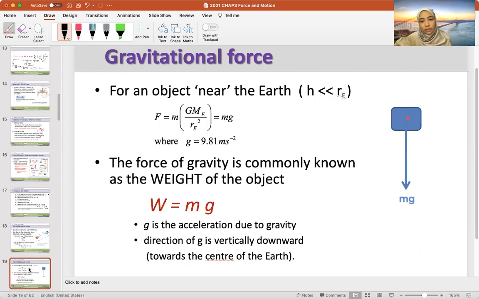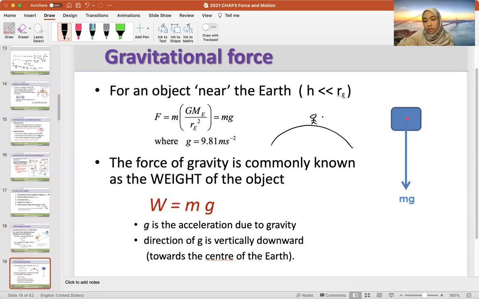So for an object near Earth, from this equation we just say the acceleration is g equals 9.81. This is specifically for objects on Earth, or for us on Earth. Why is it stated like this? Because when you are somewhere else, meaning you are on other planets, the gravitational acceleration is different.